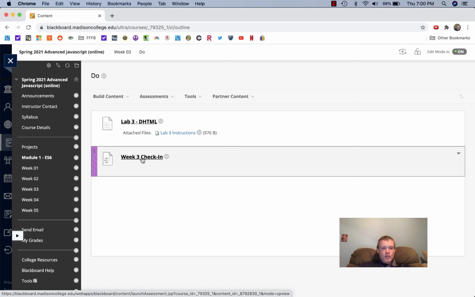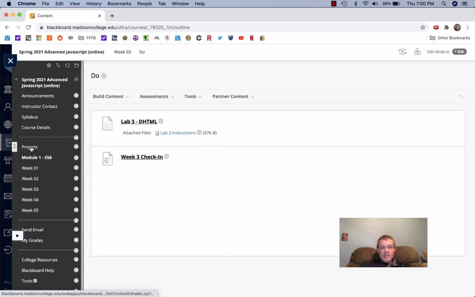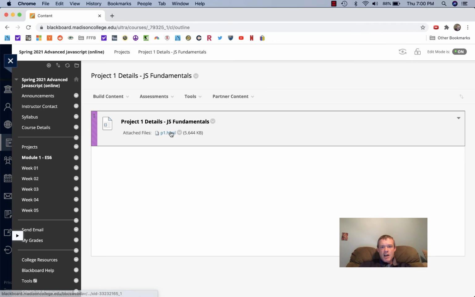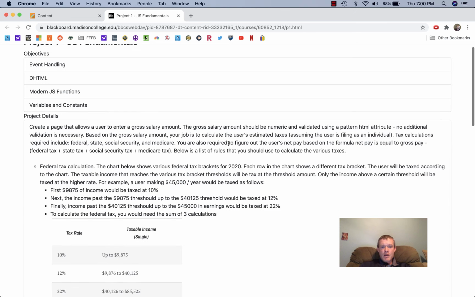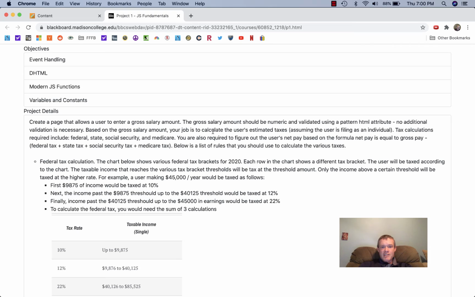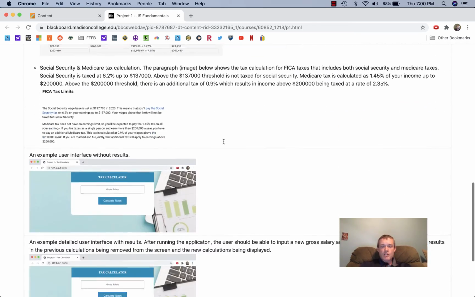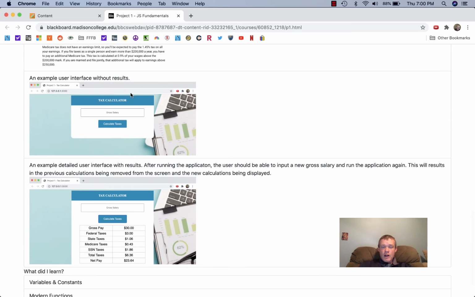In the meantime, you should be working towards that project. So project 1 details, just to give you a heads up: your project is a tax calculator, and I'm going to jump down to the bottom to introduce the project. I give you an example user interface where you're prompting the user to enter their gross salary, and you're going to calculate a tax table for them.